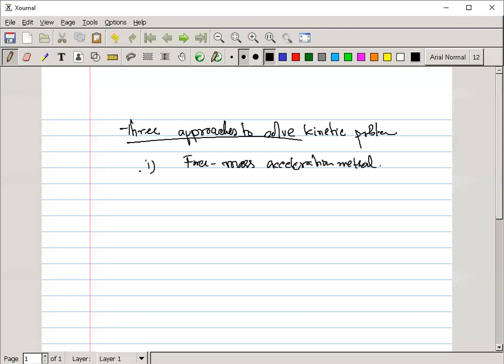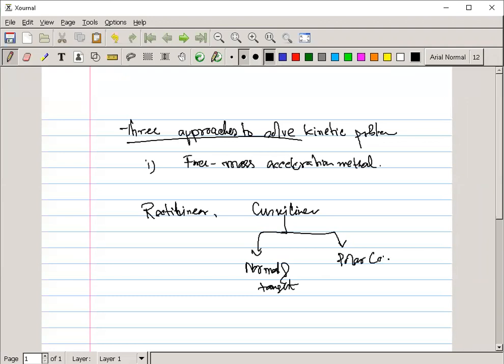In curvilinear we can use three coordinates. One is normal and tangent, which I have already discussed with you in detail, right? And the polar coordinate.